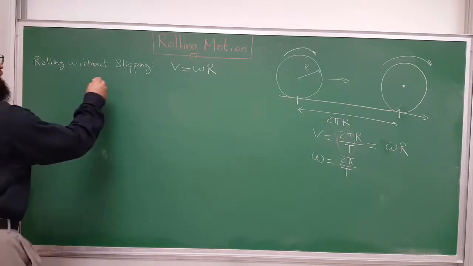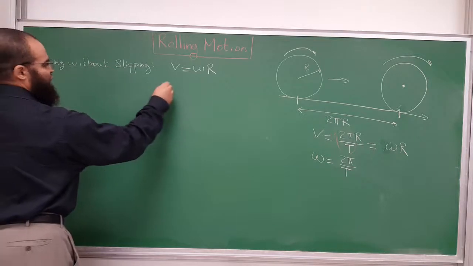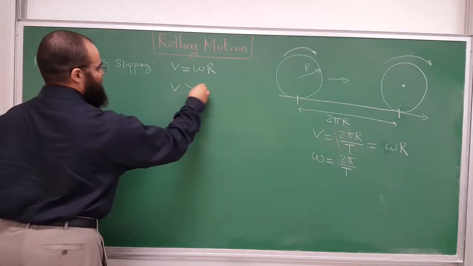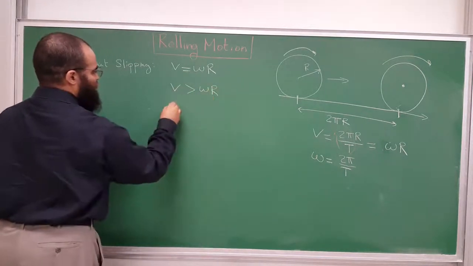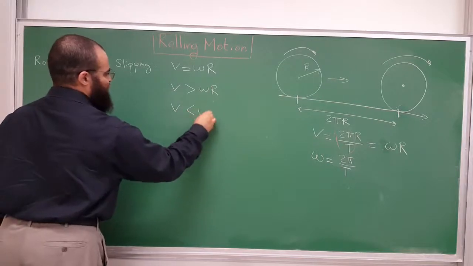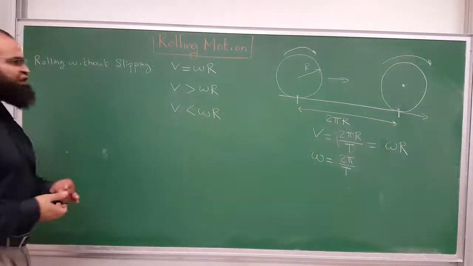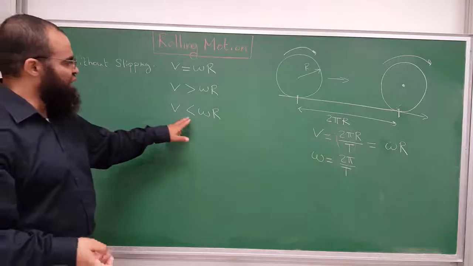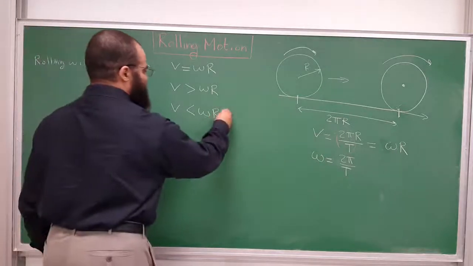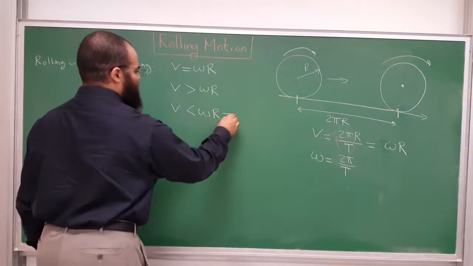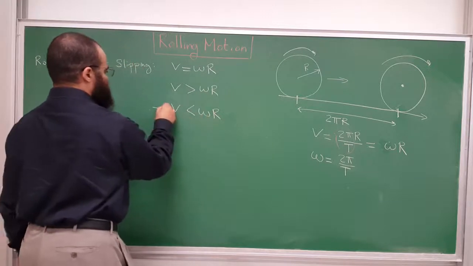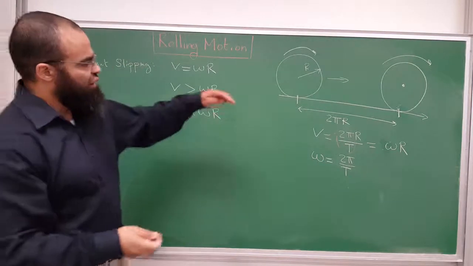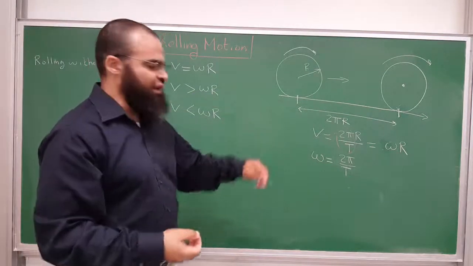So let's define that. So if V is greater than omega R, or if V is less than omega R. Let's take two extreme cases. Let's take the first one. When V is less than omega R, what is this called? What do we call this? Go to your mechanic.